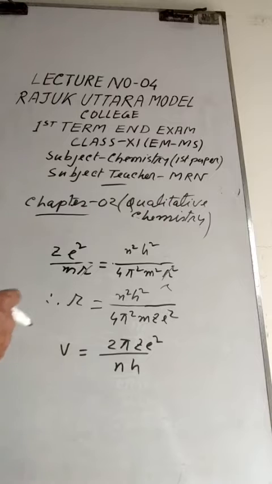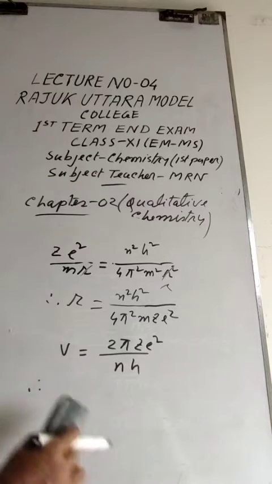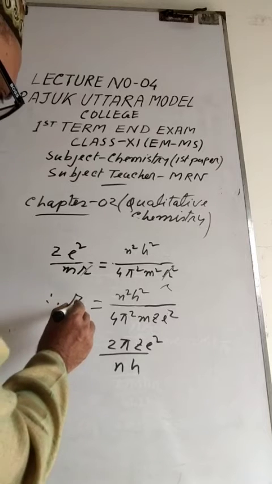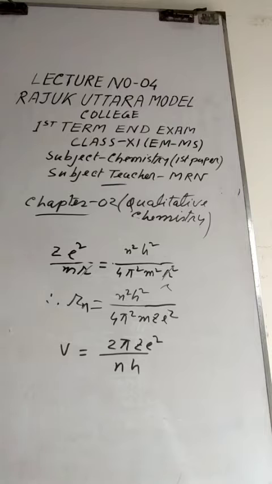Now for the nth orbit, r will be rn equals this one, complete.